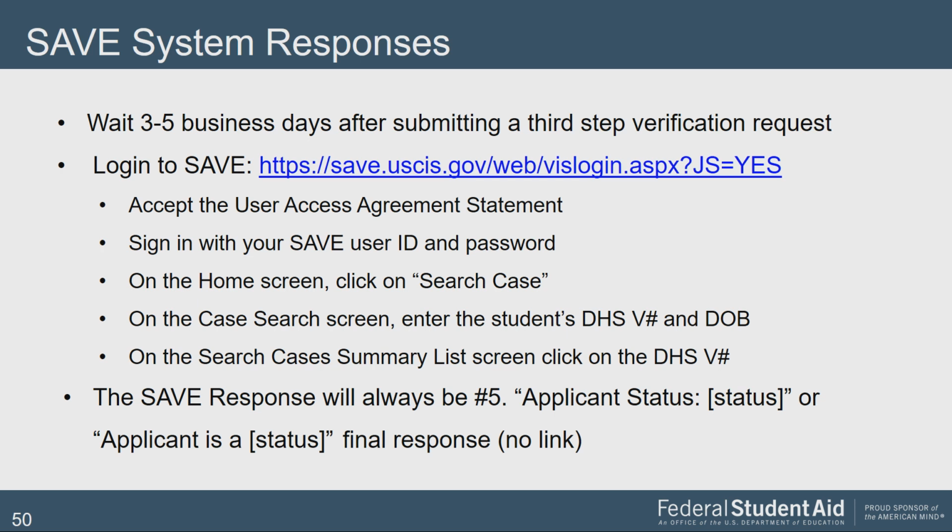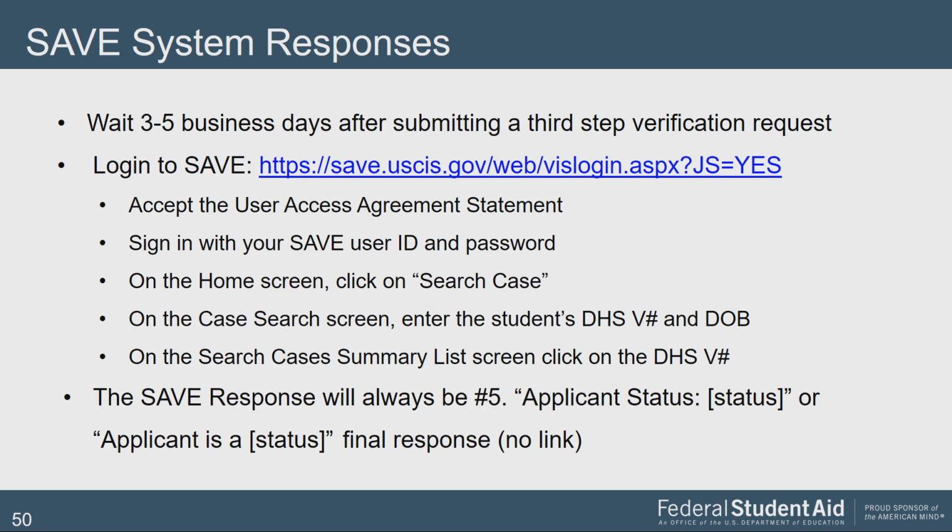The title of this slide should be Checking the SAVE System for a Response After Submitting a Third-Step Verification Request. So after 3 to 5 business days after submitting the request and receiving the case under review response, log back into SAVE using the same URL and following the same steps we used earlier to access SAVE.